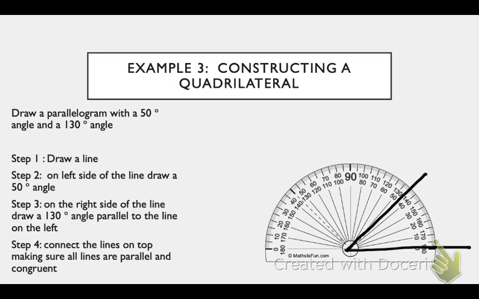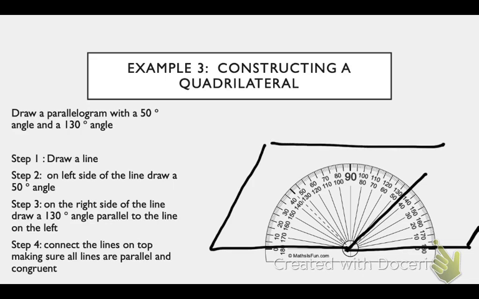On the right side, draw a 130-degree angle parallel to the angle on the left. Okay, well, I know 50 and 130 are supplementary, so it's going to go this way. But I didn't leave myself enough space. I'm going to do this, that, and that.